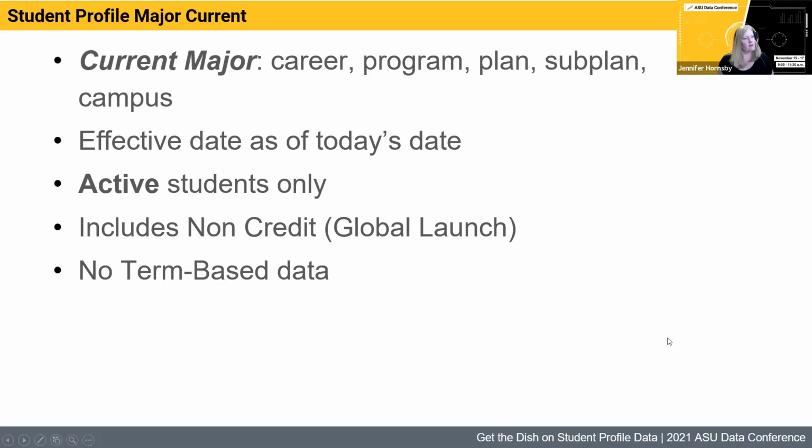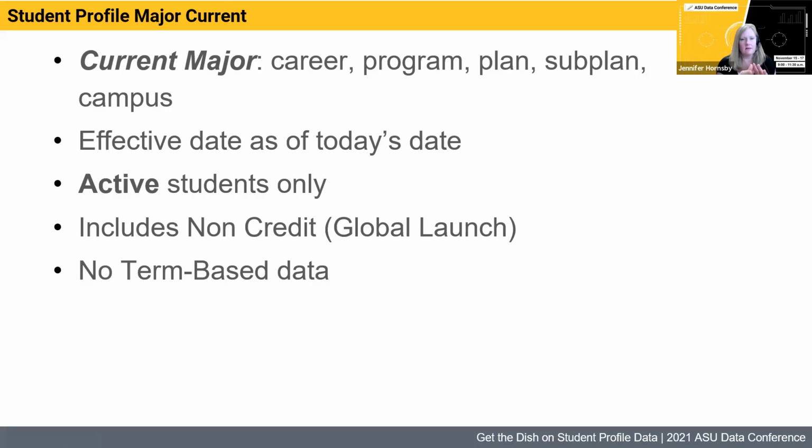The last table I want to talk about is the student profile major current. And this is the student's current major as of today, so it's not tied to a term at all. It only includes active students, so they have to be admitted and not graduated. But this table does include non-credit, also known as global lunch, unlike the other tables we just looked at.